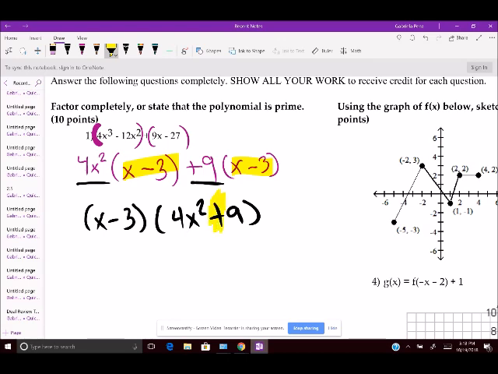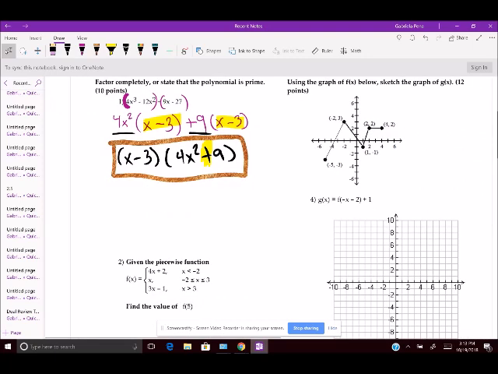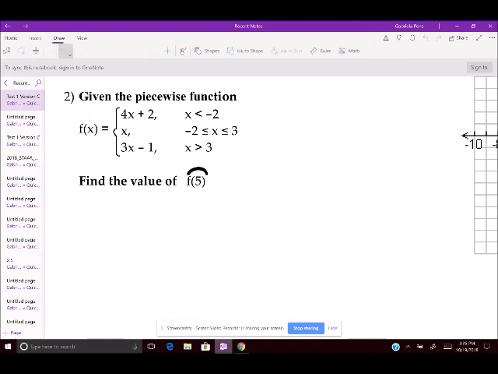Problem number 2, worth another 10 points. In this problem, you need to look at the number that they give you. And right here, they tell you x is 5.